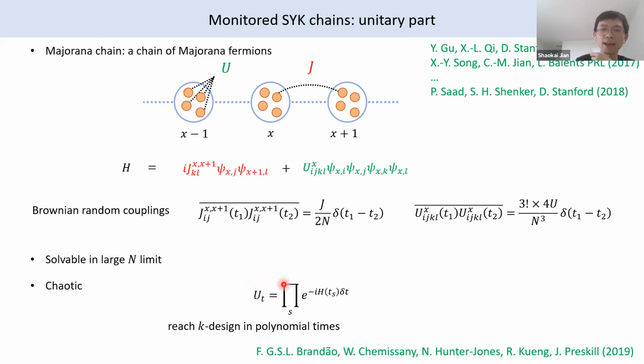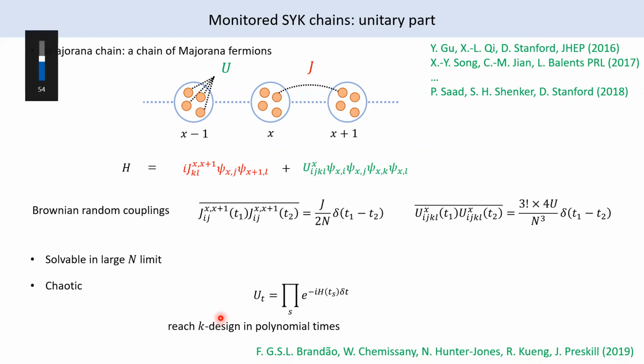So it's U and U dagger to the power of K, and if that has a distribution that matches the Haar ensemble, you say that is a K-design. That's right, but K is an unspecified number for the moment. The polynomial time is proportional to K. The longer you wait, the bigger the K is. Okay, I see. So you've made the coefficients U and J depend on time in a random way.